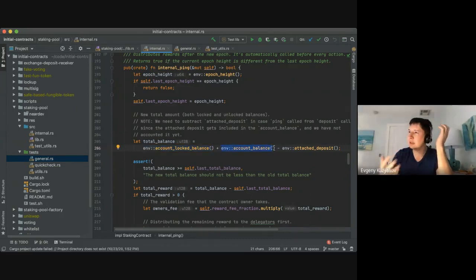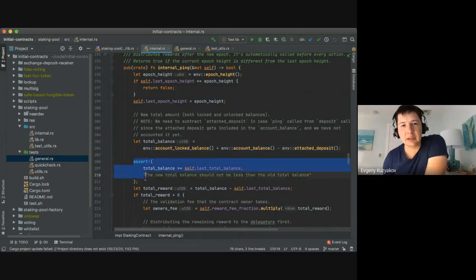Locked balance is a staked amount that acquires rewards. Unlocked balance also may have rewards in certain scenarios where you decrease your stake, but your rewards will still be reflected for the next 2 epochs, and they will come to the unstaked amount.